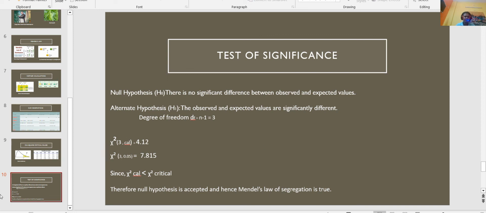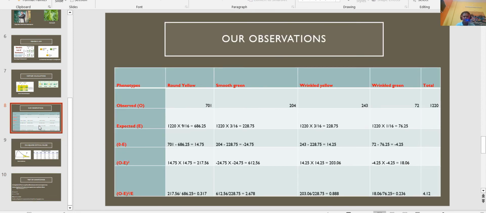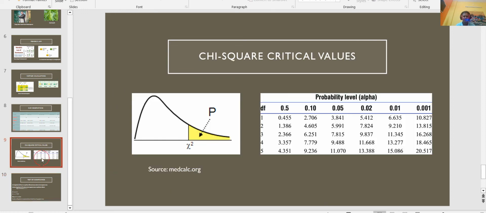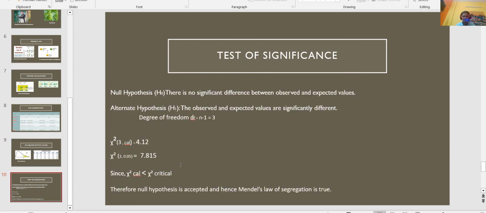If you see this slide, the last value is 4.12, right? Now the chi-square for 3 degrees of freedom at the 95% confidence level is 7.815. So the chi-square critical value is 7.815.